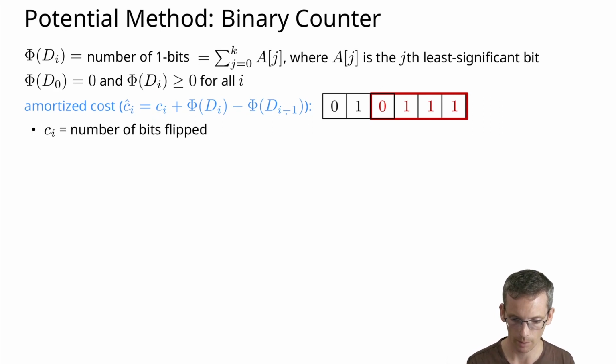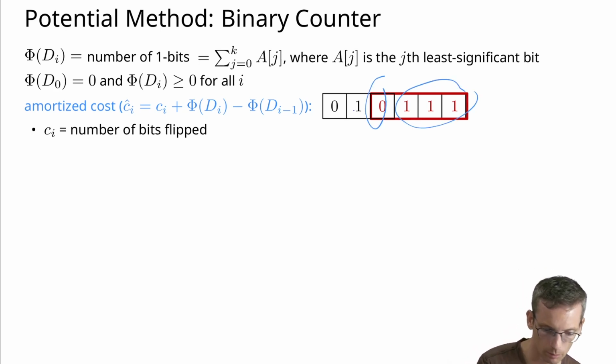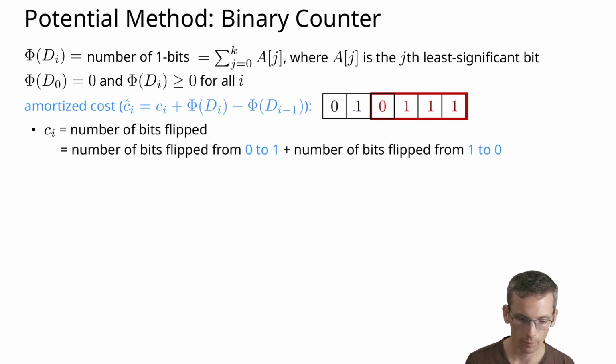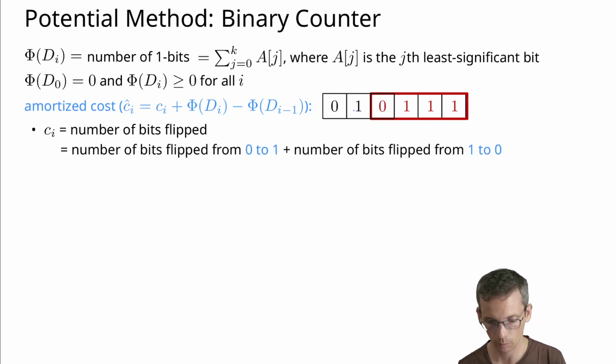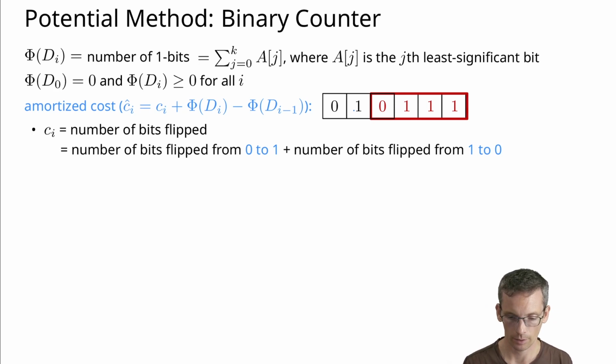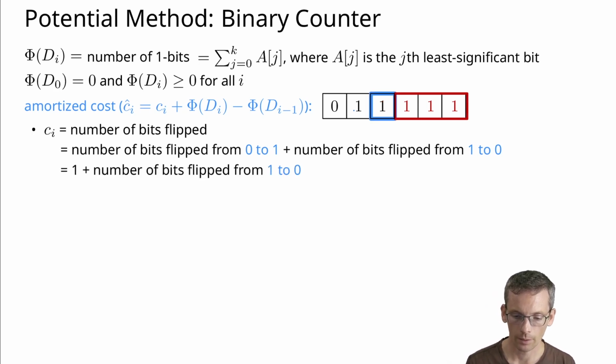This is still my 23 example. The number of bits flipped here is 4, and that is these 3 ones, and that's 0. I will write it as the number of bits that I have to flip from 0 to 1. So that's this first one here, and plus the number of bits flipped from 1 to 0. So those are these 3 here.